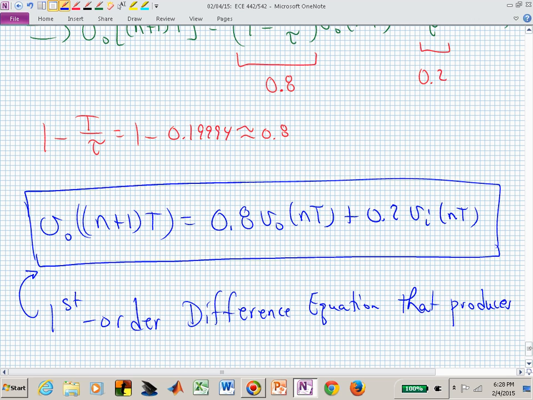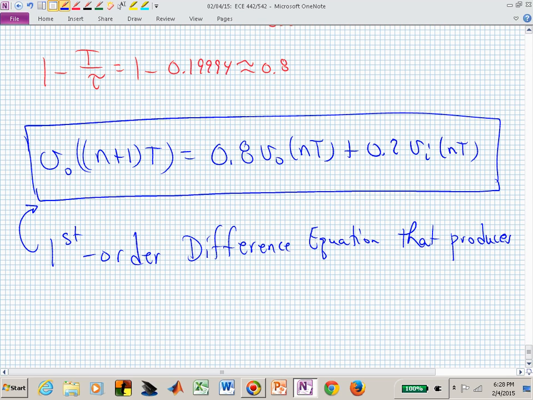This is now a first-order difference equation that produces a low-pass filter with a bandwidth of approximately 100 hertz. I say approximately because I've been changing pi to 3, etc. But it's close.